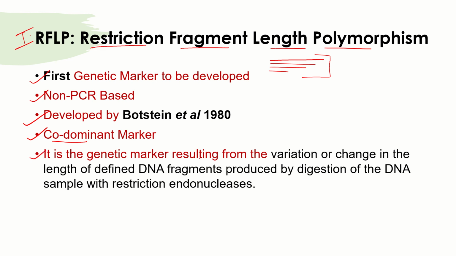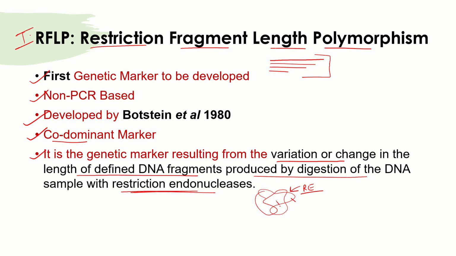So basically, what is RFLP? It is a genetic marker resulting from the variation or change in the length of defined DNA fragments, meaning restriction fragments, produced by digestion of the DNA sample with restriction endonucleases. Let's suppose this is the DNA I have and I am using a particular restriction enzyme with this sample.